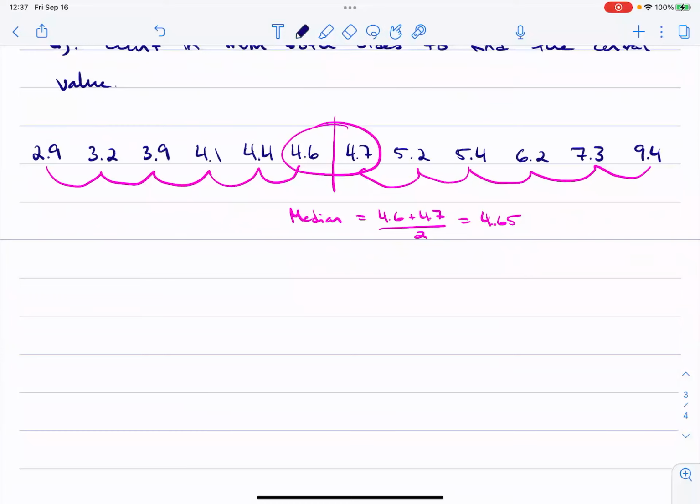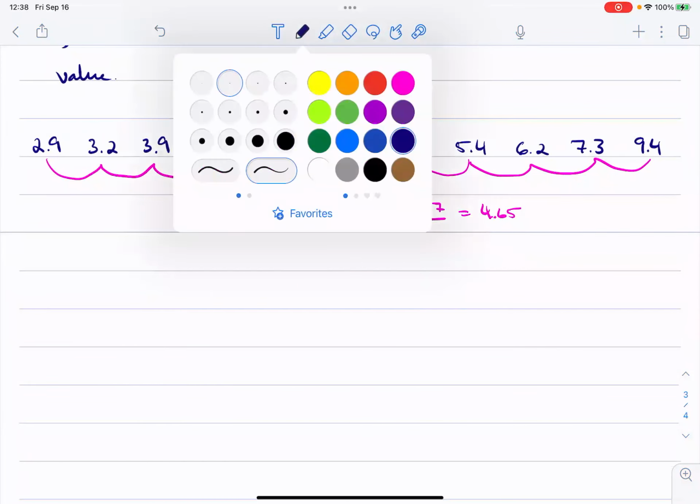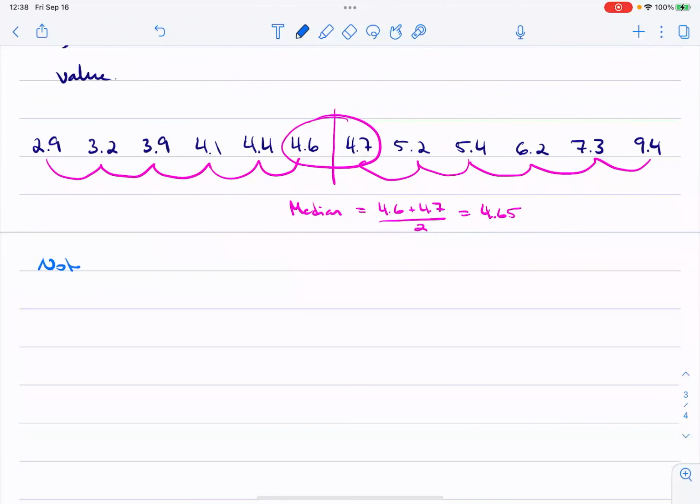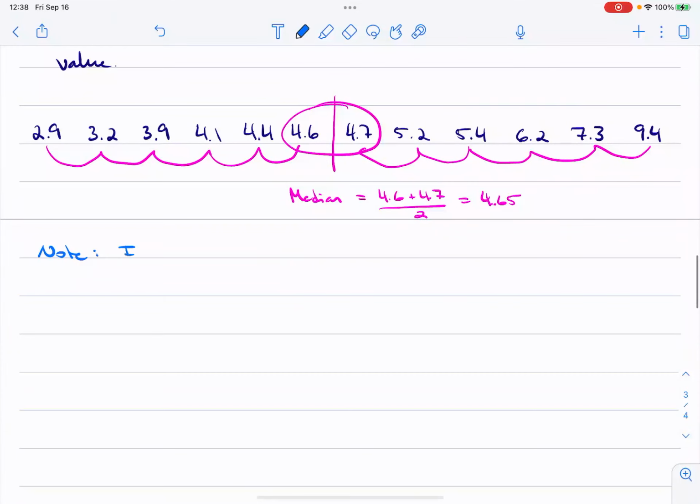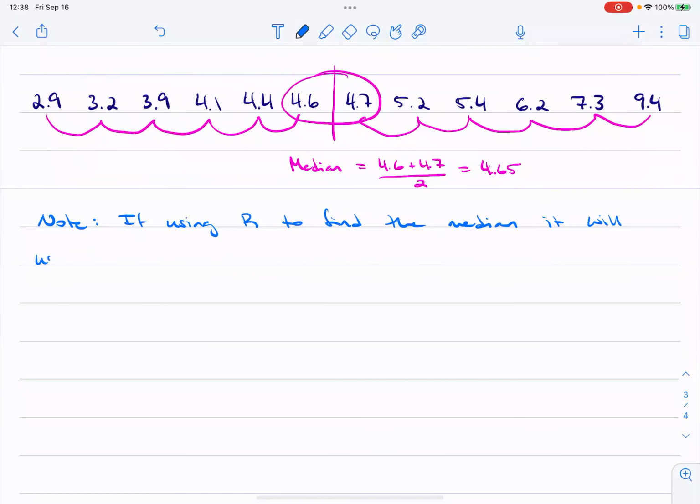So I do want to write that note down here. If using R to find the median, it will use a more sophisticated weighting method than taking the average.